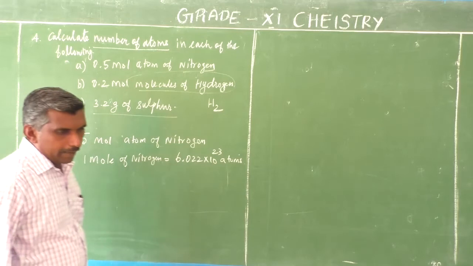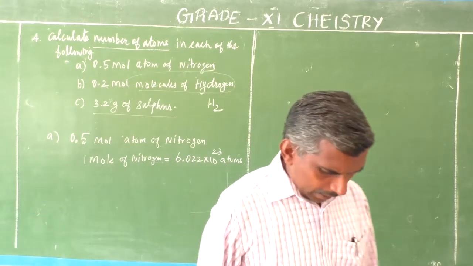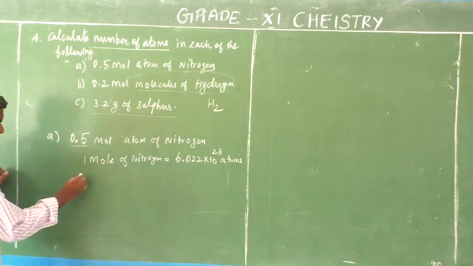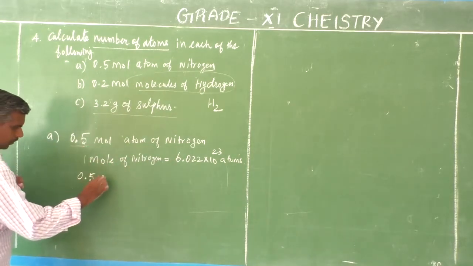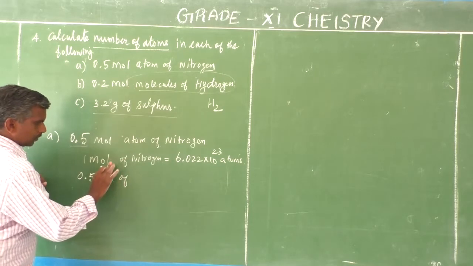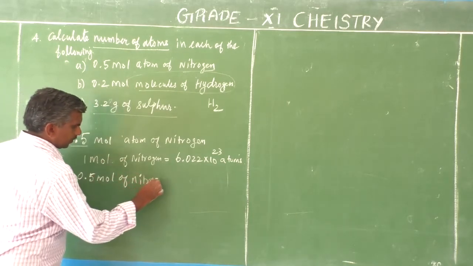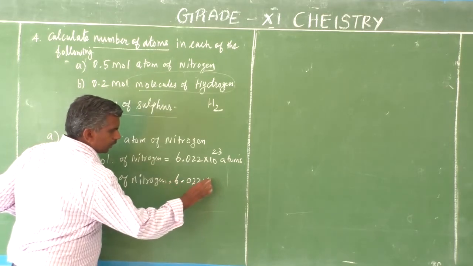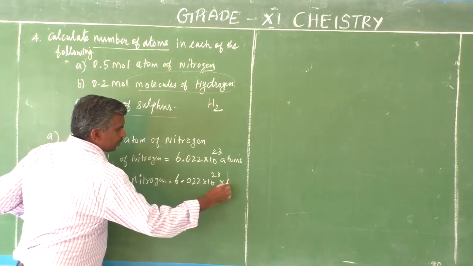That is the Avogadro number. Question, 0.5 mole of nitrogen. It is 6.022 into 10 power 23 multiplied by 0.5.